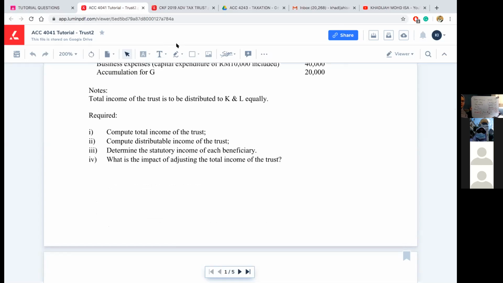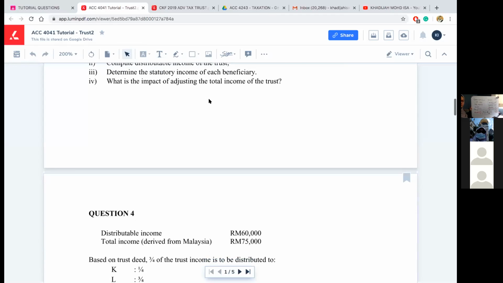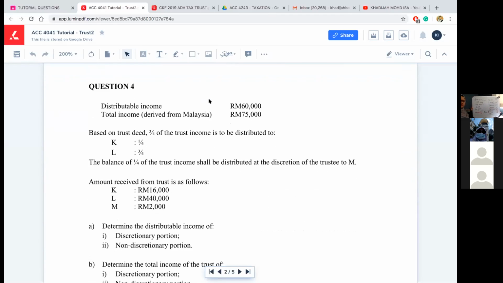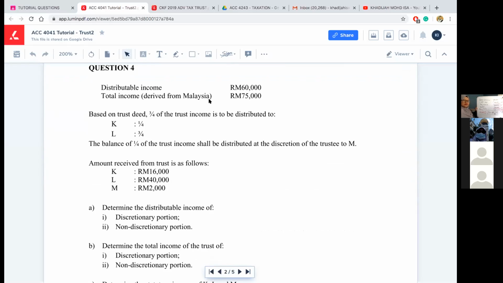Okay, let's see question number 4. Here is a mixed trust. What do you mean by mixed trust? It has a discretionary and a non-discretionary portion.